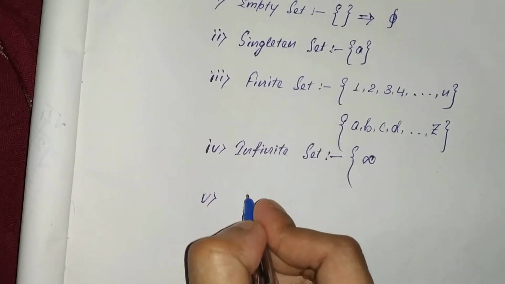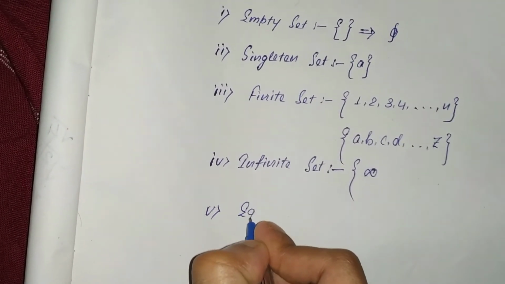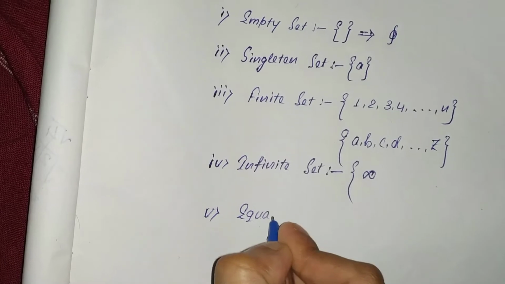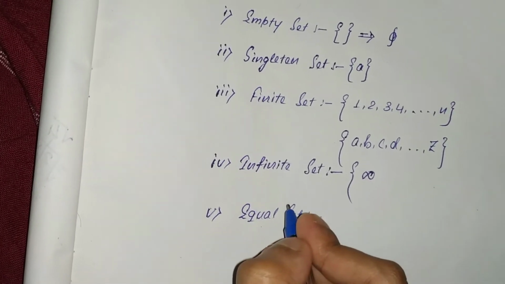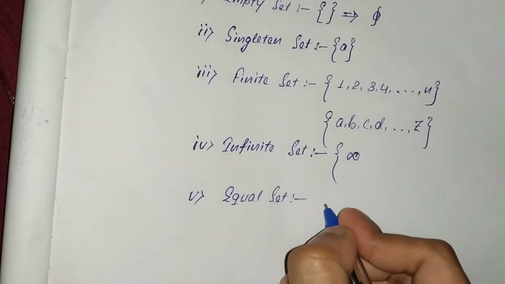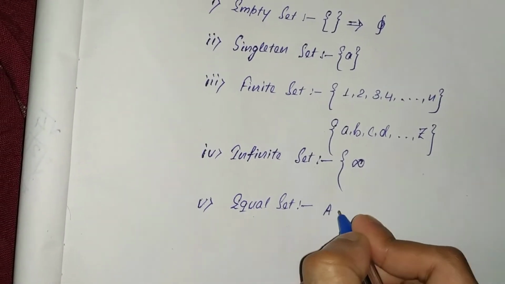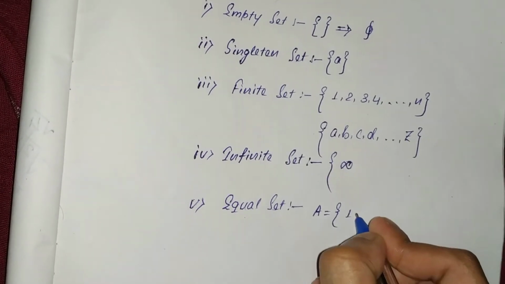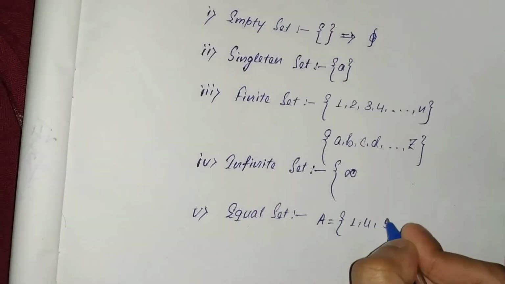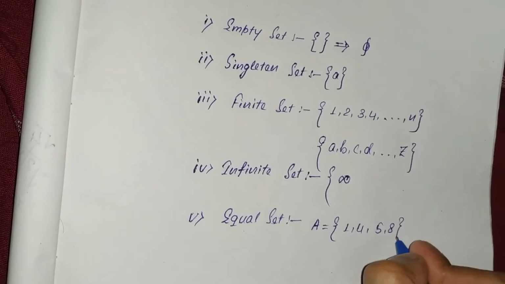Fifth is the equal set. We take an example: set A, whose elements are 1, 4, 5, 8. Okay.